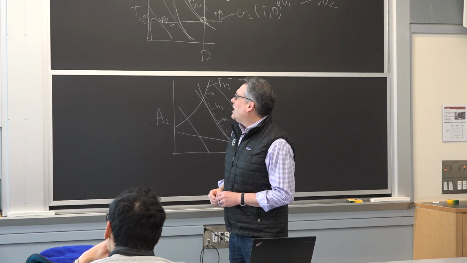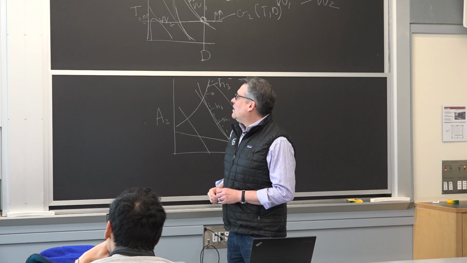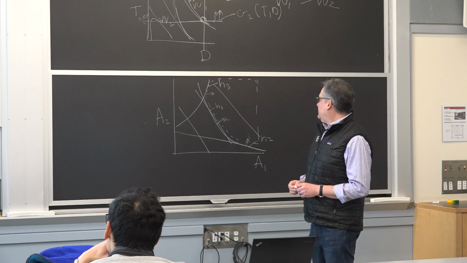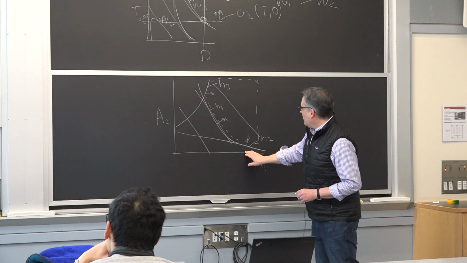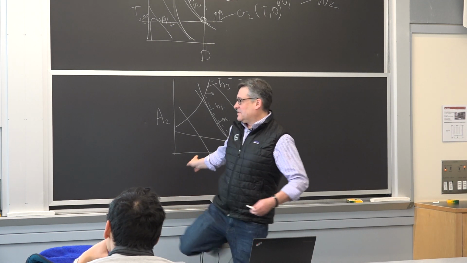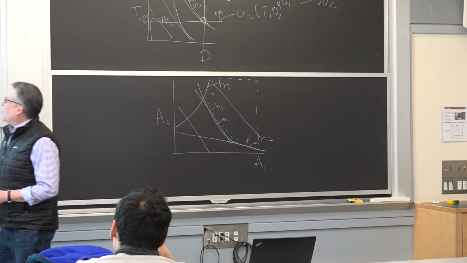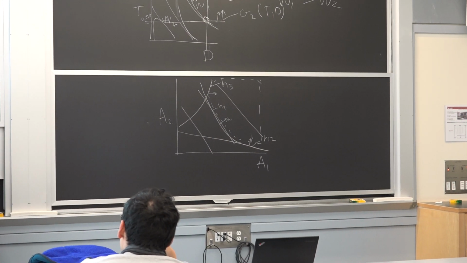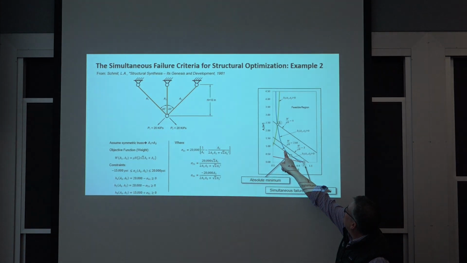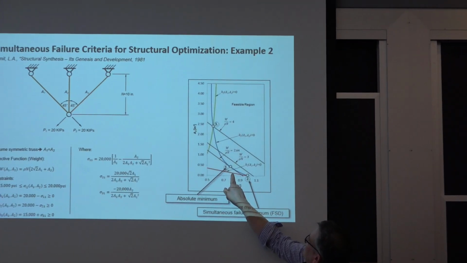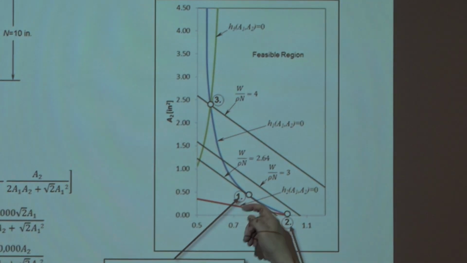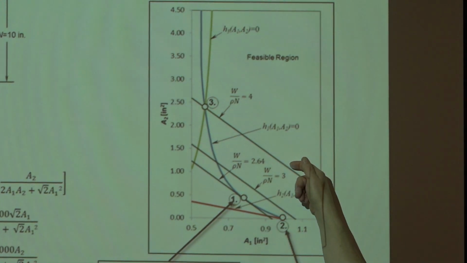Okay, and looking at these constraints, I didn't draw this real well, but I'm going to go over here and try to explain it because this is a key point. So here is H1, H2, and H3. Downhill, right? Weight is decreasing this direction.